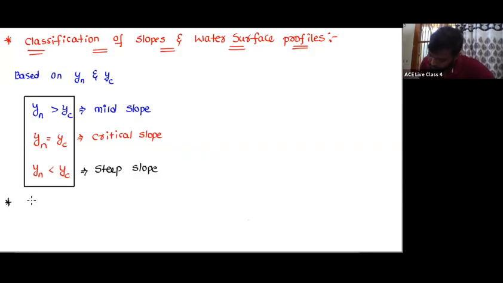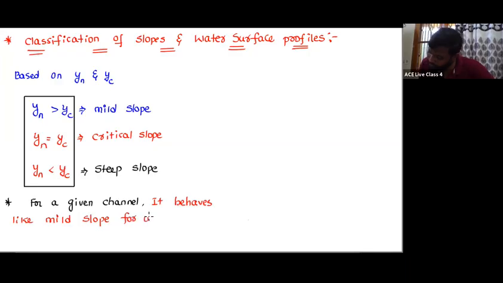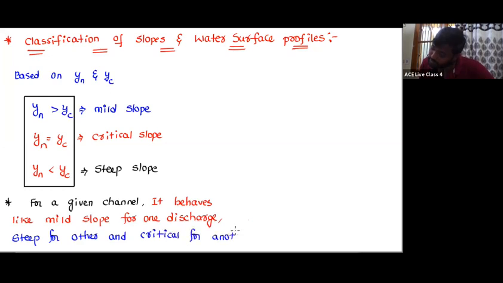Now, for a given channel, it behaves like a mild slope for one discharge, steep for another, and critical for another discharge.